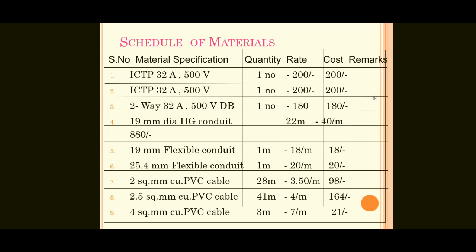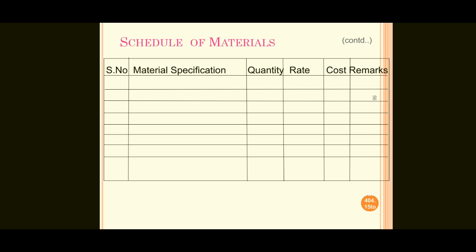Next one, 4 square mm copper PVC cable, 3 meters, 7 rupees per meter. So the total cost becomes 21 rupees. Angle iron frame, 50 into 30 centimeter, 3 numbers. So the cost is 150 rupees each. The total cost becomes 450 rupees.